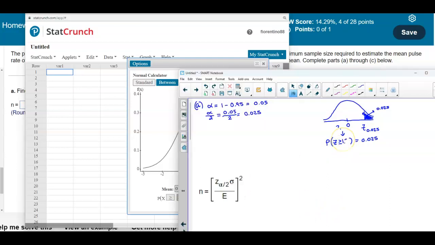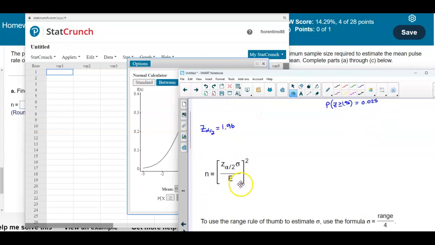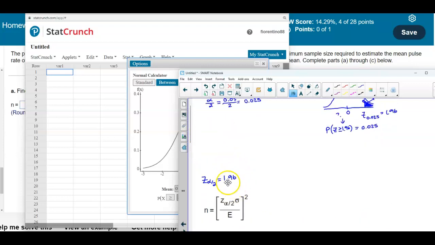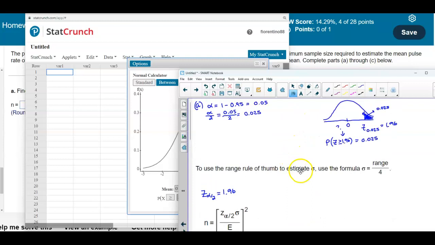So the critical Z value is equal to 1.96. Let's write that here.